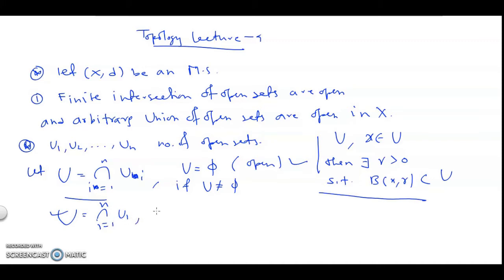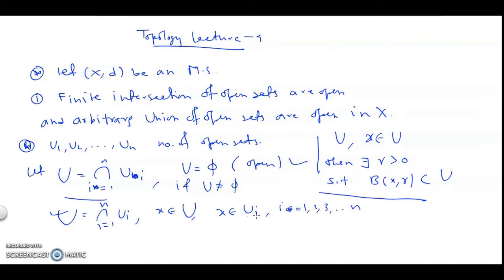So let us take any x belongs to that big U. Since x belongs to big U, and big U is the intersection of all Ui's, obviously this x will belong to all Ui, that is i is equal to 1, 2, 3, ..., n.